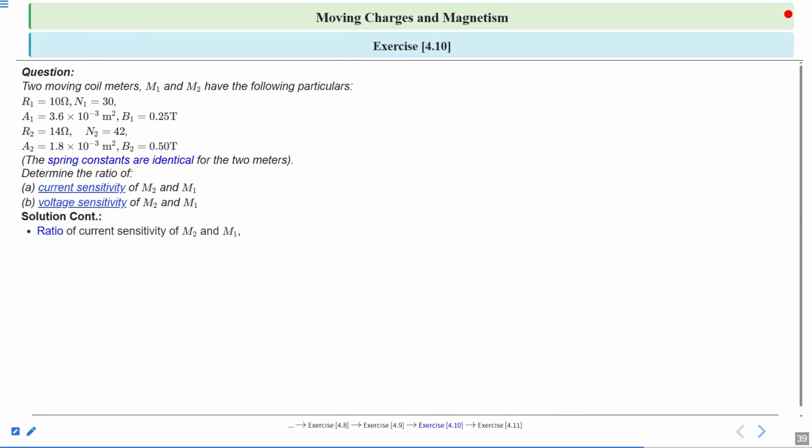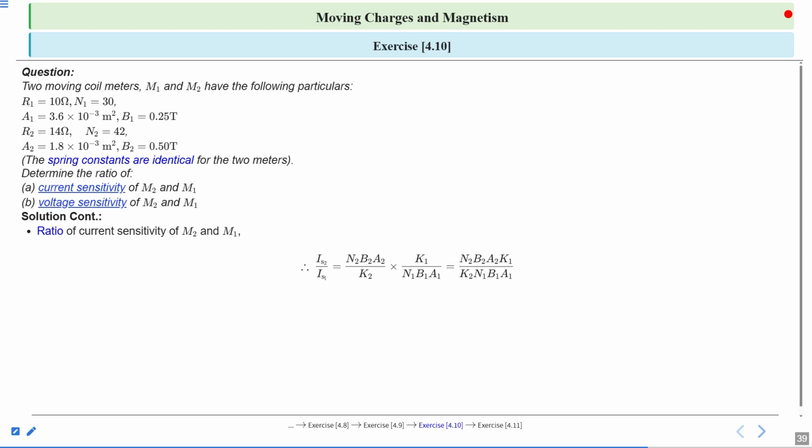Now we will take the ratio. The ratio of current sensitivity of M2 and M1, IS2 upon IS1, is equal to N2 B2 A2 upon K2 divided by N1 B1 A1 upon K1. After simplifying, it will result in N2 B2 A2 K1 upon K2 N1 B1 A1.